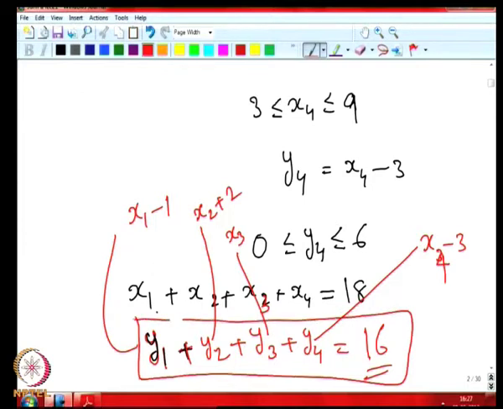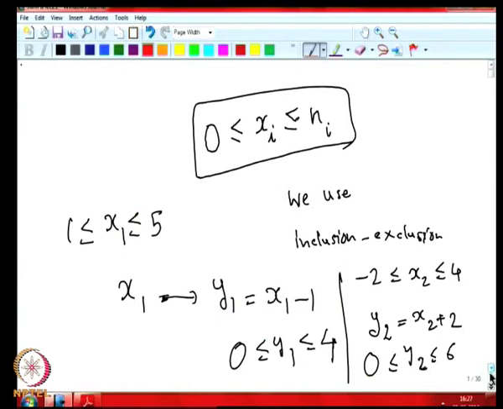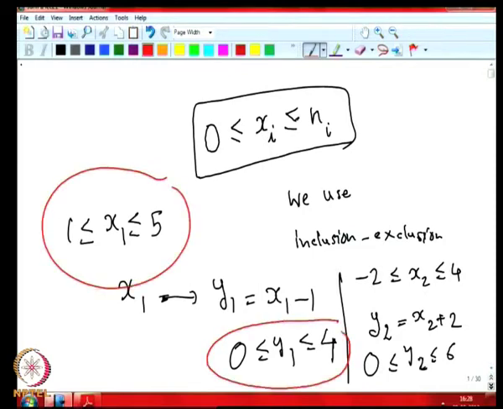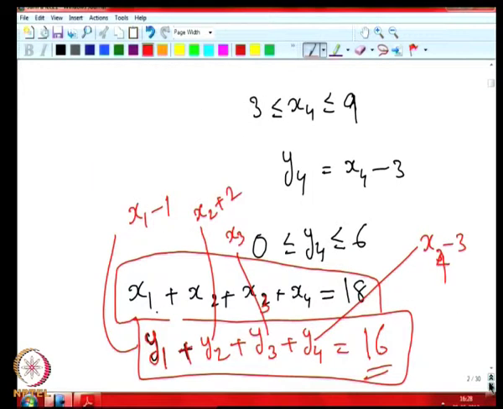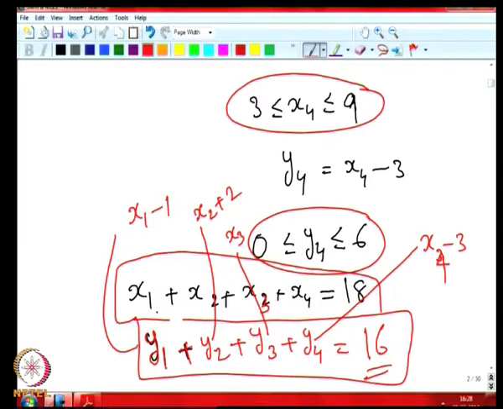So formally we say that the solutions of this and solutions of this, with the corresponding constraints. When I am saying that x1 is in between 1 and 5, I am saying that y1 is in between 0 and 4. When I am saying that x2 is in between minus 2 and 4, I am saying that y2 is in between 0 and 6. The range of x3 and y3 is the same, and the range of x4 was between 3 and 9, but y4 will be between 0 and 6.